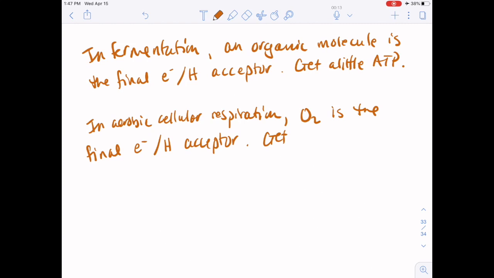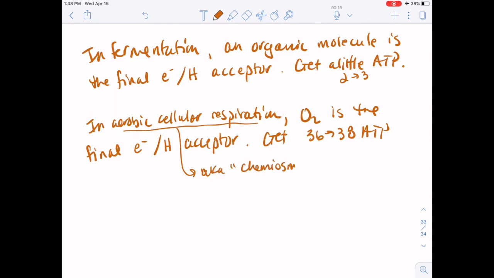You get 36 to 38 ATP as opposed to 2 or 3 for fermentation. Aerobic cellular respiration, aka chemiosmosis, gives way more ATP, 36 to 38, than fermentation does.